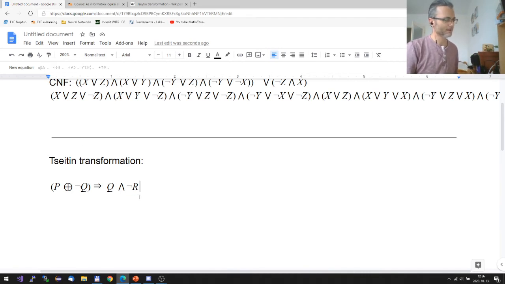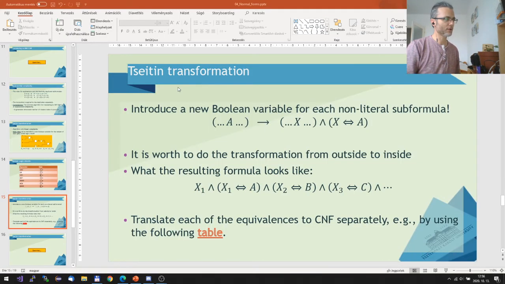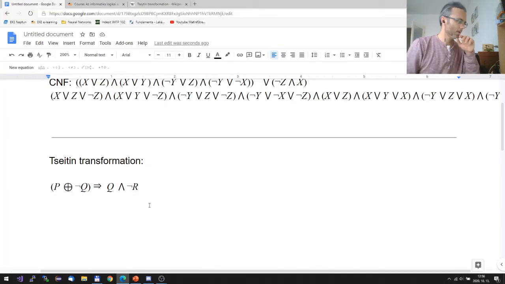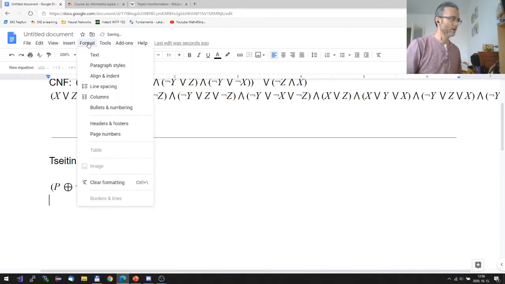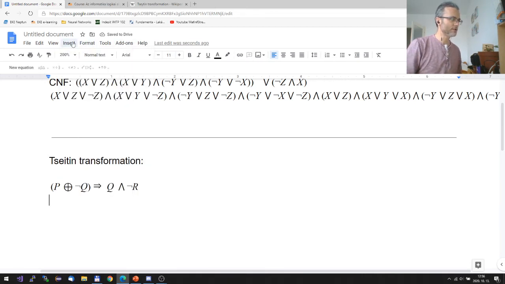This is what we are going to translate to CNF. The Tseitin transformation is only about translating something to CNF. How to do this? Well, if you remember, we are going to introduce brand new variables like that.